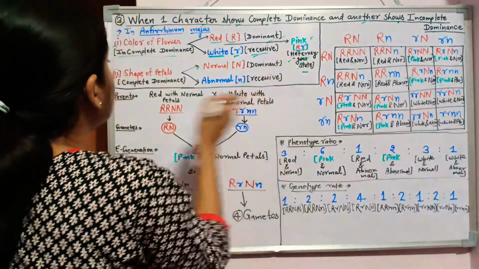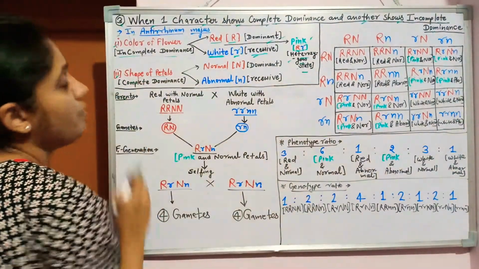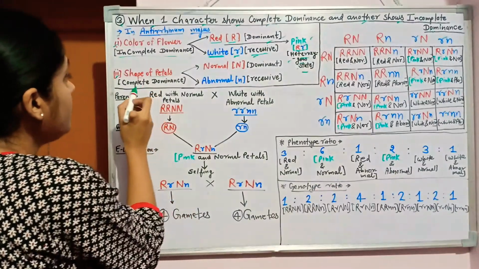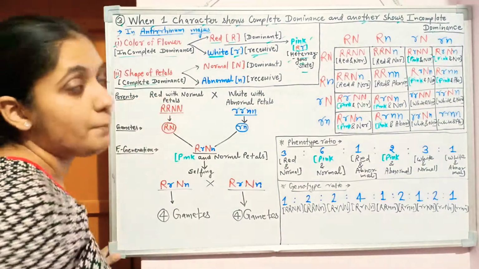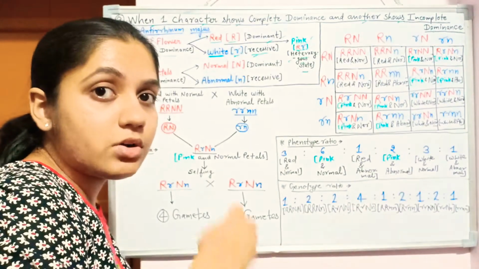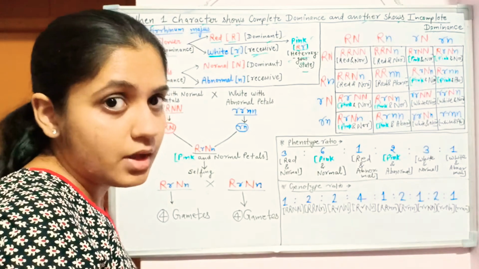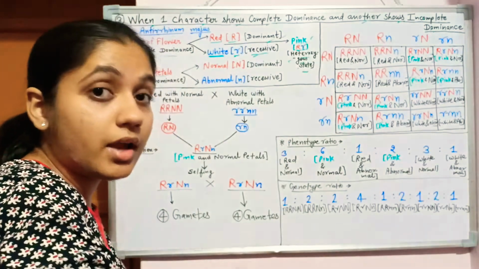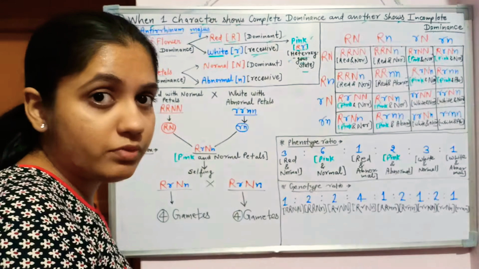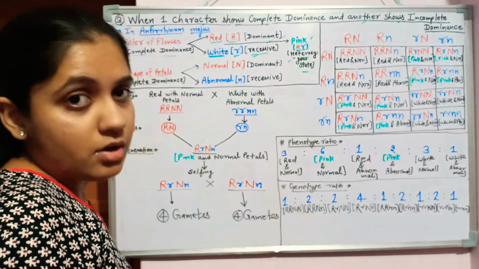Then the second character is the shape of petals, in which it shows complete dominance, which is according to Mendel's law of dominance, meaning the dominant allele can mask the expression of the recessive allele completely.